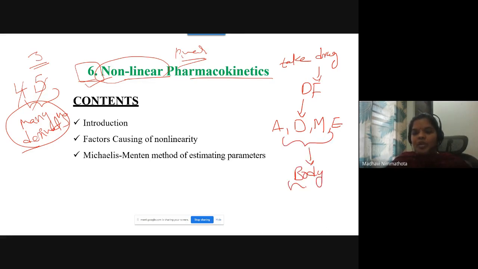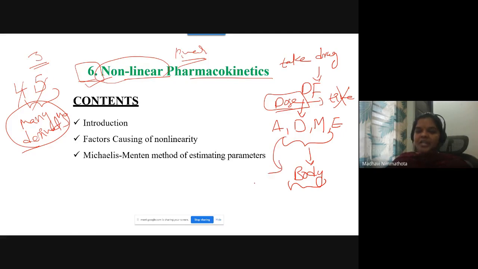These processes are dependent upon the dose, right? They are not time dependent processes. They depend upon the dose, and the drug then exhibits some ADME mechanisms in our body.